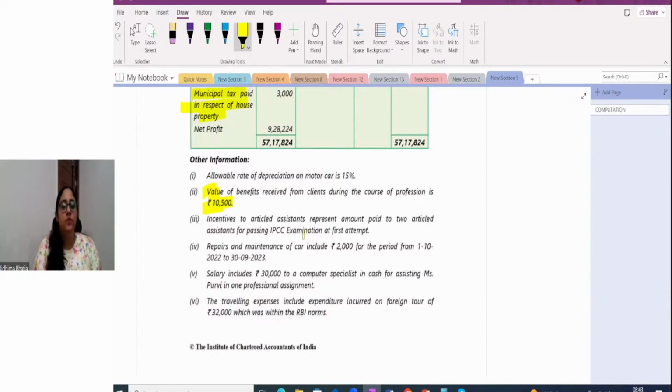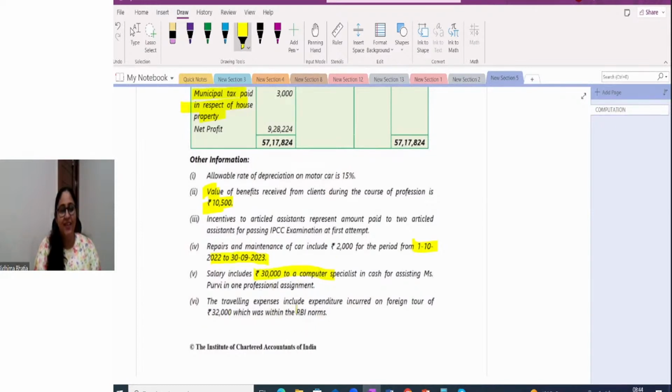Repair and maintenance of car include 2,000 for period from 1st October 2022 to 30th September 2023. Okay, but she's doing on cash basis. Okay. Salary includes 30,000 to computer specialist in cash for assisting Purvi in one professional assignment. What is getting hit here?